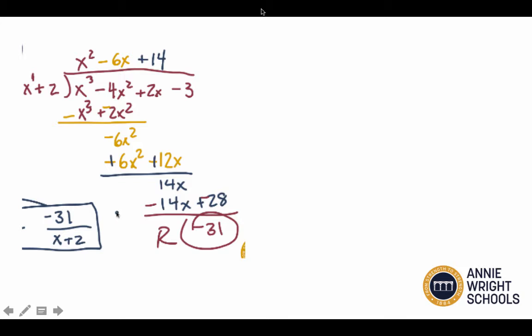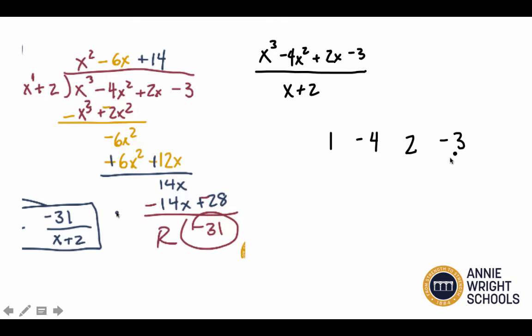All right. So here's the shortcut. I know you all want the shortcut, especially Nelson. The shortcut only works when you're dividing by a linear factor. So if you're going to take x cubed minus 4x squared plus 2x minus 3, and you're going to divide by a linear factor like x plus 2, the way the shortcut works is you write the coefficients of the polynomial: 1, negative 4, 2, negative 3.